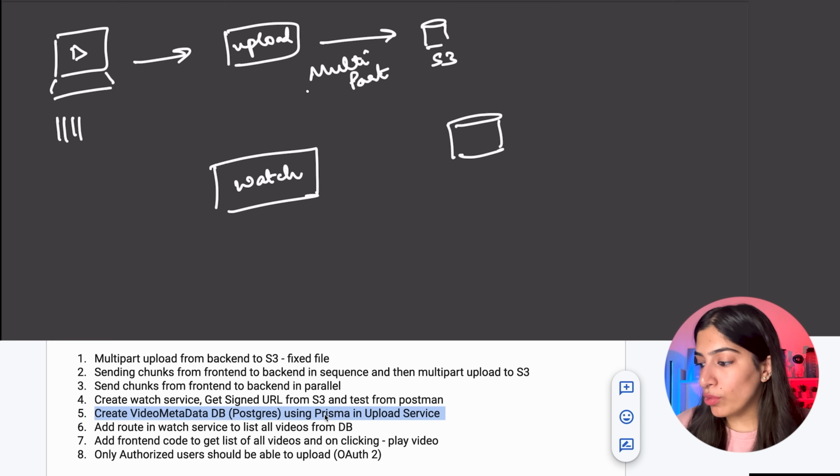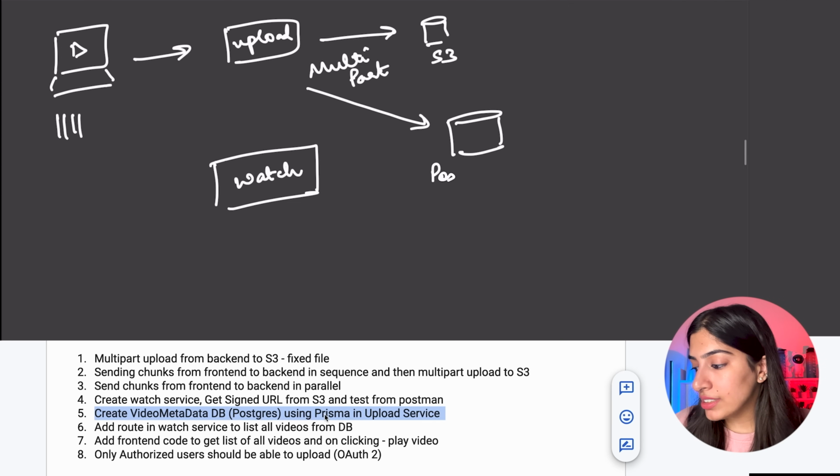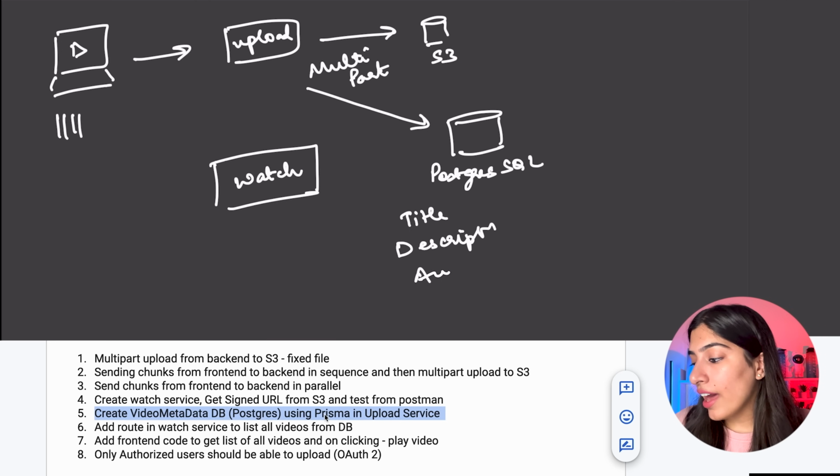And we are going to do what? When we do upload, we are not just going to upload the video on S3, but after completing the upload, basically in the third request, in our PostgreSQL we are going to be adding some metadata, like for example our title, our description, our author name, and because we have finished the upload, we would also have the S3 URL.